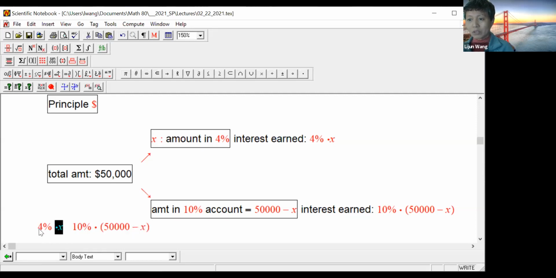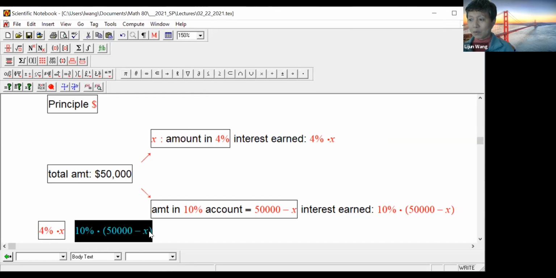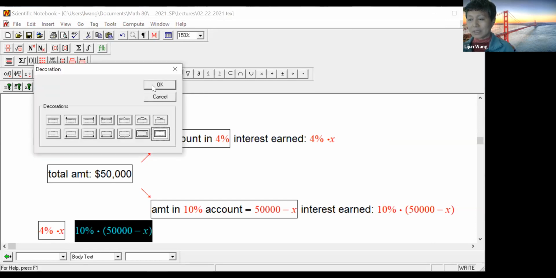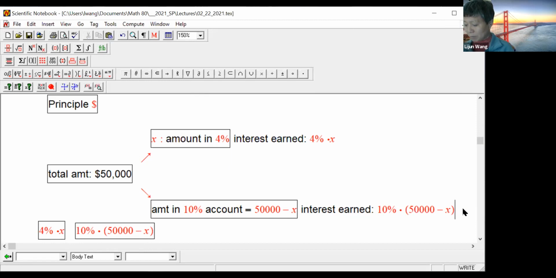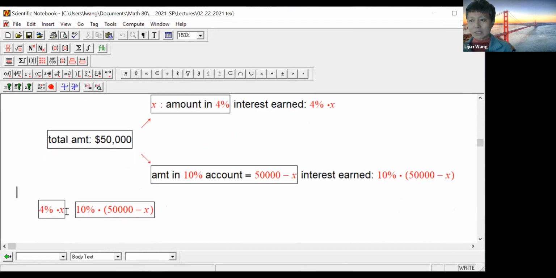So when you read this, I want you to think of interest instead of getting into the details of the numbers. These two quantities are both apples, right? Interest earned. They're both interest earned.